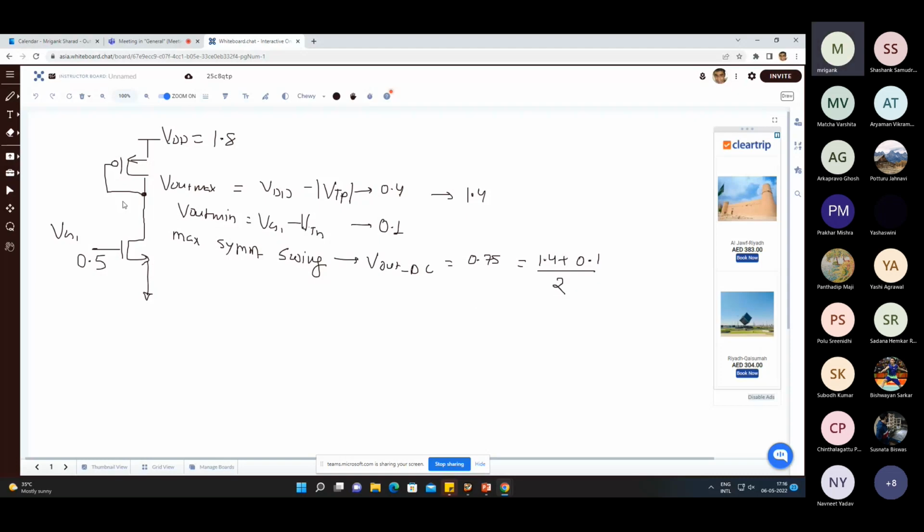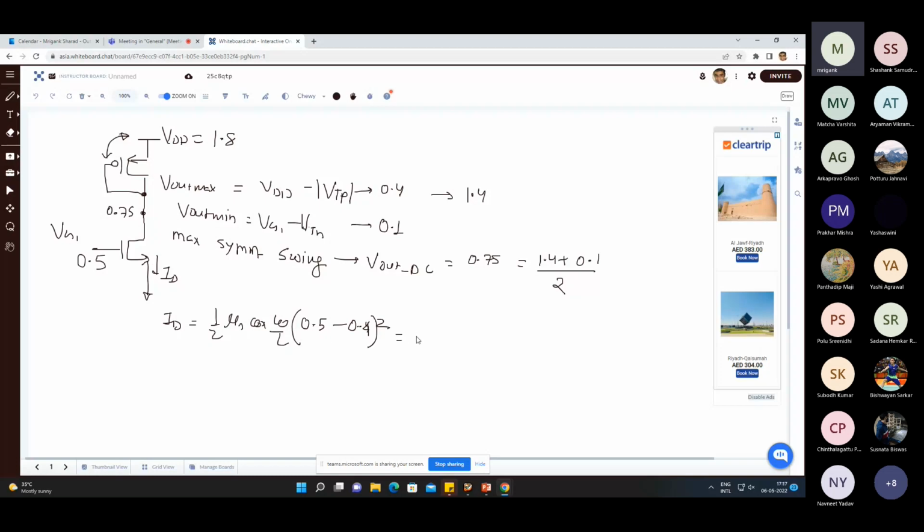Now, if you have to get 0.75 at the output, the DC bias point, I'm trying to keep it at 0.75. That means I have an additional constraint on the sizing, right? Because if you know the ID, my ID will be determined by 1 upon 2 mu n COX, W by L of N, and VG1, which in this case you're keeping at 0.5, minus 0.4, the VT of the NMOS, square.